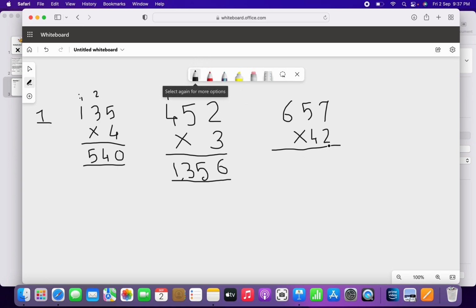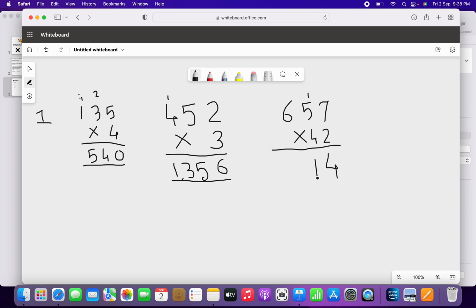All right. So first you need to multiply 2 into 657. So 2 7s are 14. You write 4 here. And you carry over 1 on top of tens because it is 14. 2 5s are 10. 10 plus 1 is 11.